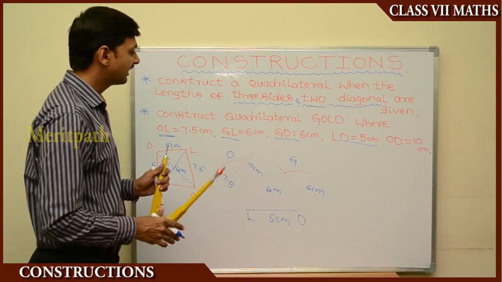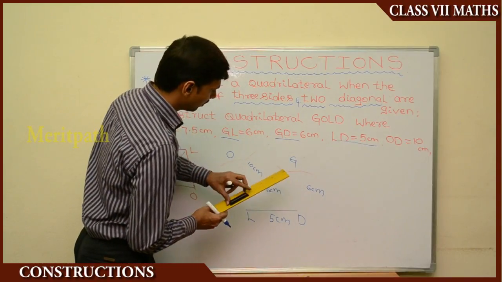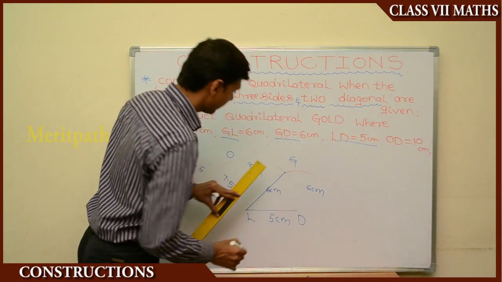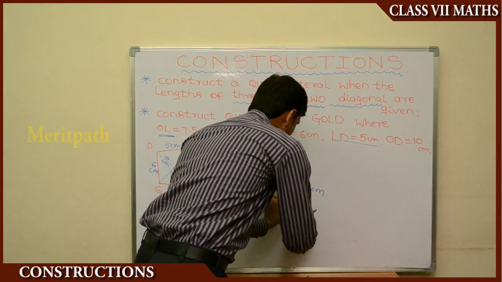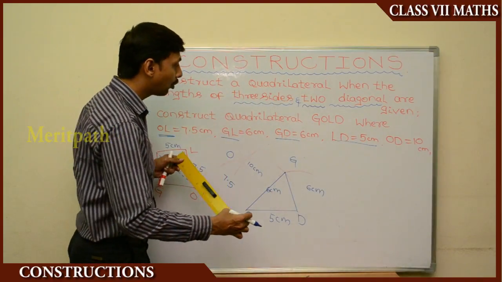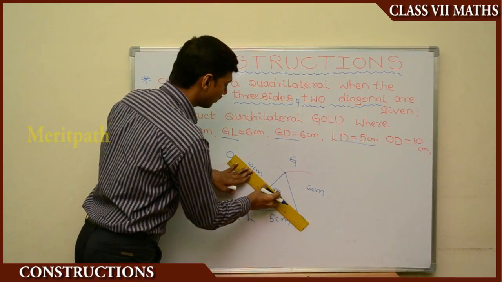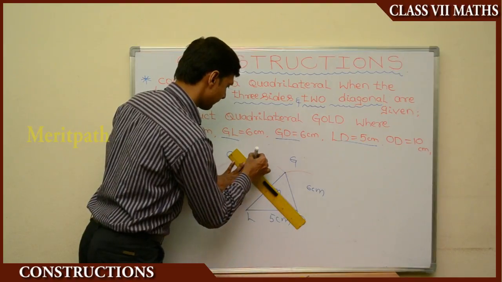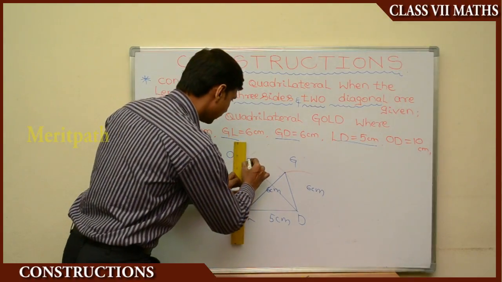So let's join the diagonals first to understand clearly. So GL, let's join GL. It's a diagonal. And the next one is GD. We got a triangle. The next diagonal is OD. We know OD, 10 centimeters. So let's join this OD. Then after, let's join this OL.